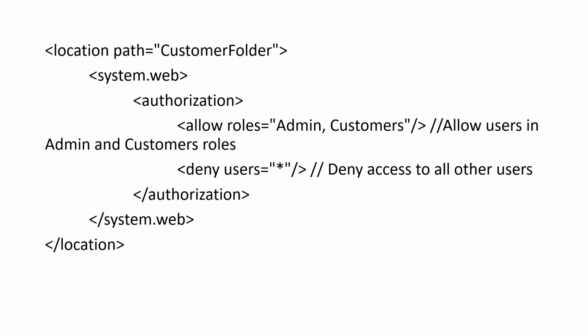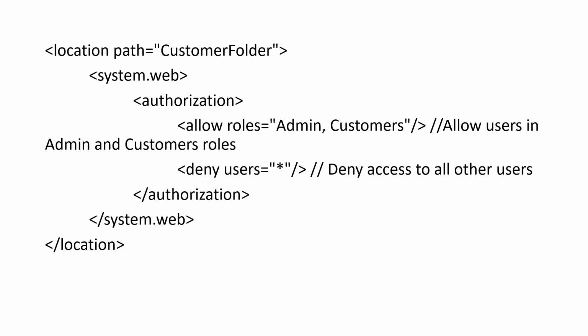Next, we specify the location tag again, and here we specify path equal to customer folder. For the customer folder, we want to specify that both the users with the role admin and customers can access the web pages contained in the customers folder. So we specify the authorization tag again and allow roles equal to admin comma customers.